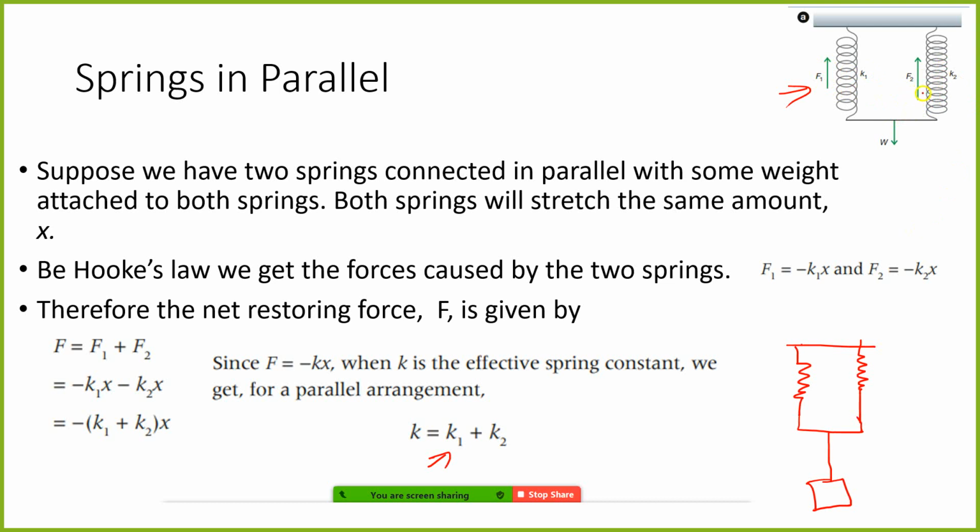The restoring force is a force that is basically bringing the spring back to the equilibrium position, mainly. So if I want to find the net restoring force, I would have to add F1 and F2. When I add F1 and F2, I put in these variables: minus K1 times X minus K2 times X.